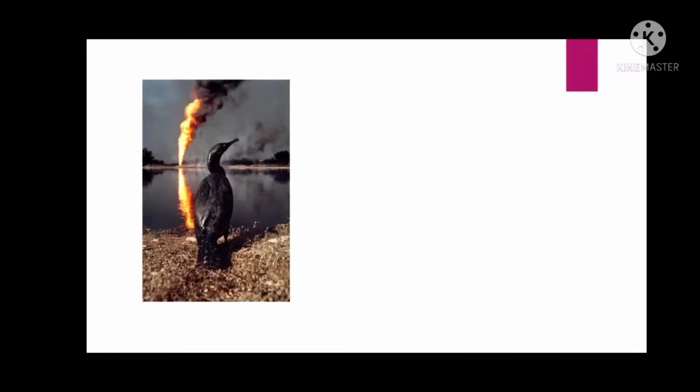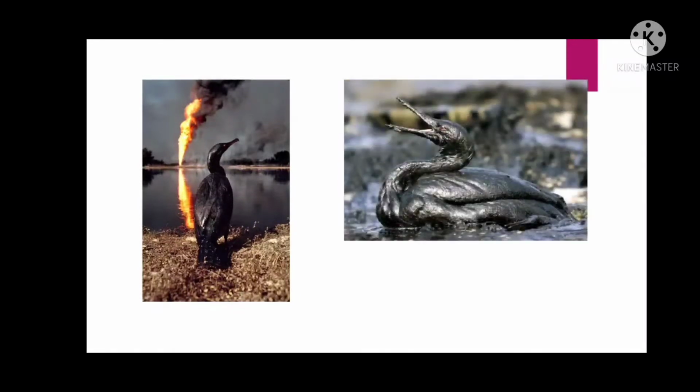You know that our animals, look at the animals, are also in danger of extinction. They are also suffering. You can see here the birds are stuck in the oil, and of course, when we say stuck, that means that they can't move because of the oil spill in the sea. Water is also polluted.